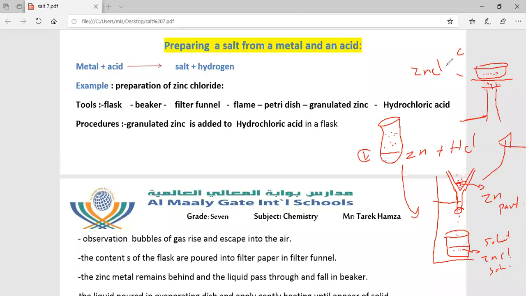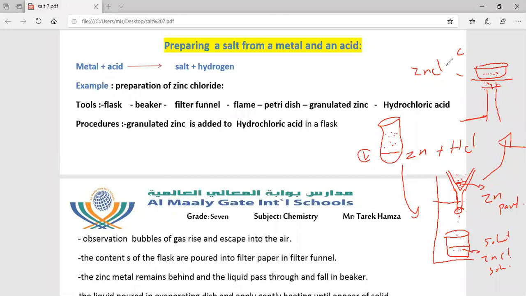Mariam? Yes, I have a question about the preparation of zinc chloride. Is this reaction an exothermic reaction? Exothermic or endothermic?